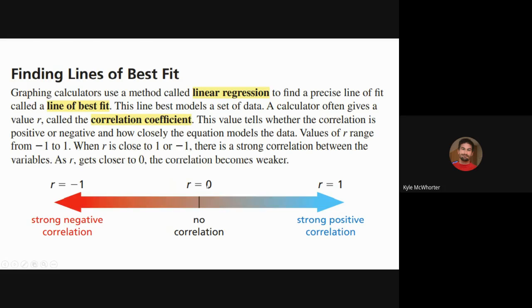There's no correlation when R is 0. And then here's a negative correlation, meaning it's a really strong correlation, but it has a negative slope. So at the ends, the 1 and the -1, those are the strong correlations, either negative or positive. And in the middle is no correlation when R is 0.